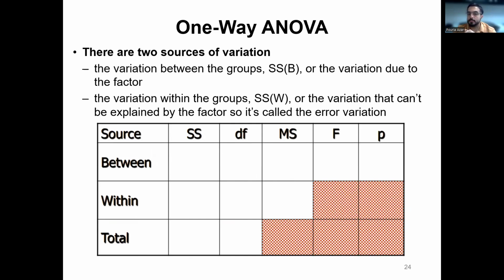The factor here is group. We have three groups. So the variation within the groups, or SS sum of squares within, is the variation that cannot be explained by the factor. So it's called the error variation.